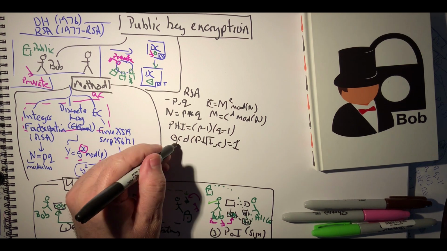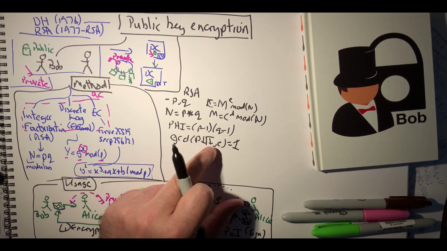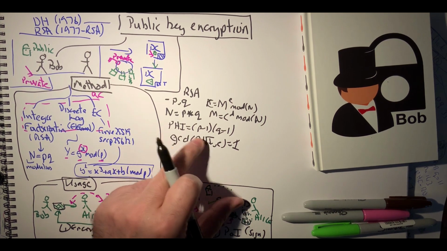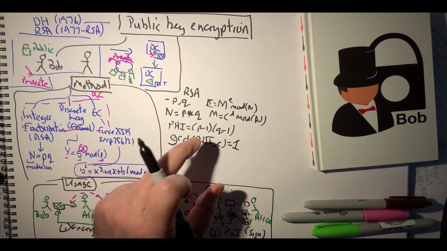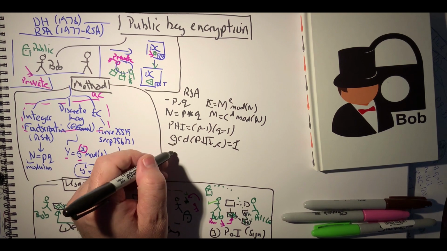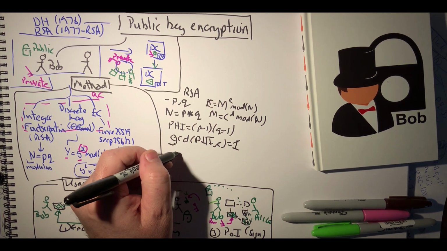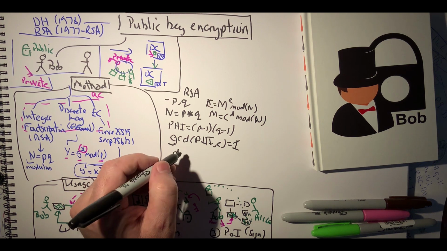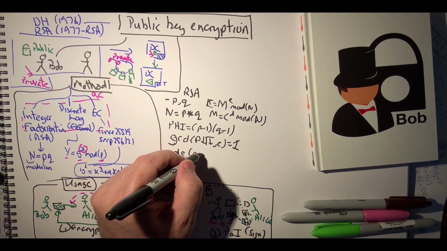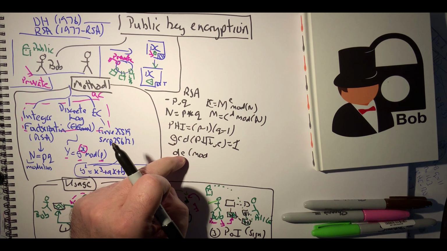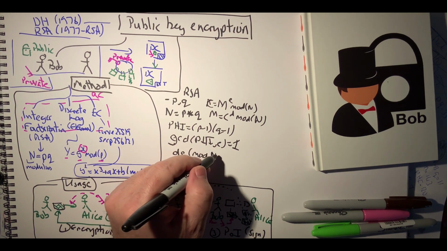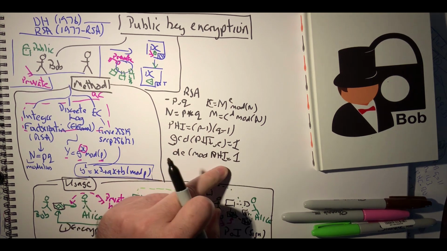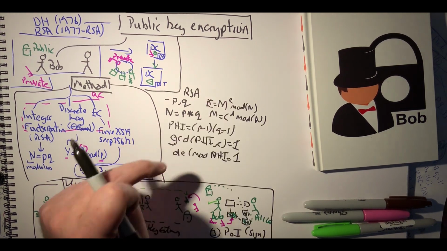So there is no factor in E that's in the value of phi, which is P minus 1, Q minus 1. Then we work out D, to make sure that D times E mod phi is equal to 1. And this will make this work.